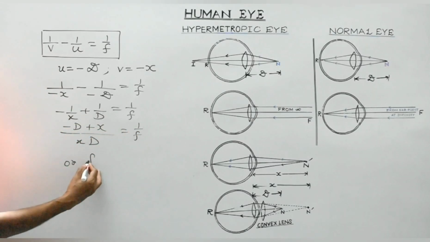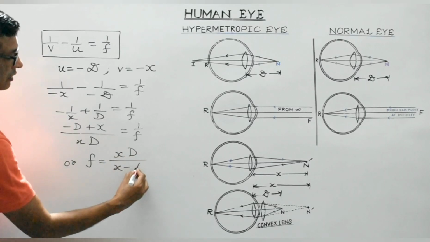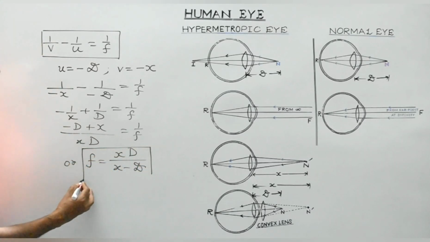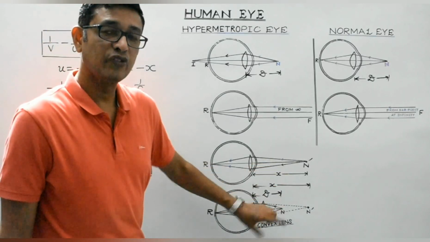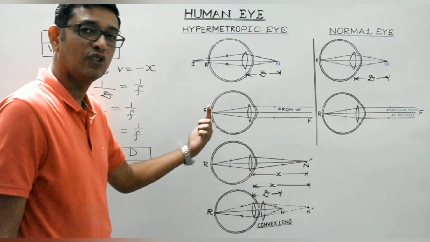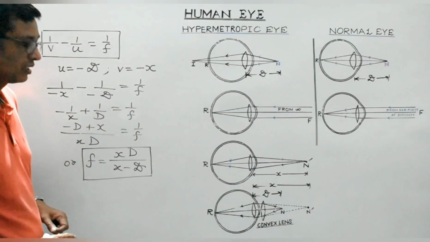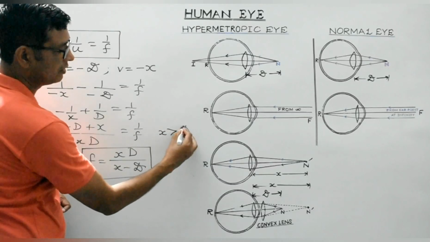Or taking the reciprocal, we get f equal to XD divided by X minus D. So students, this is the formula for the focal length of the convex lens which is to be used so as to cure the hypermetropic eye, right? Now do concentrate on one particular thing. I have told you X is greater than capital D.